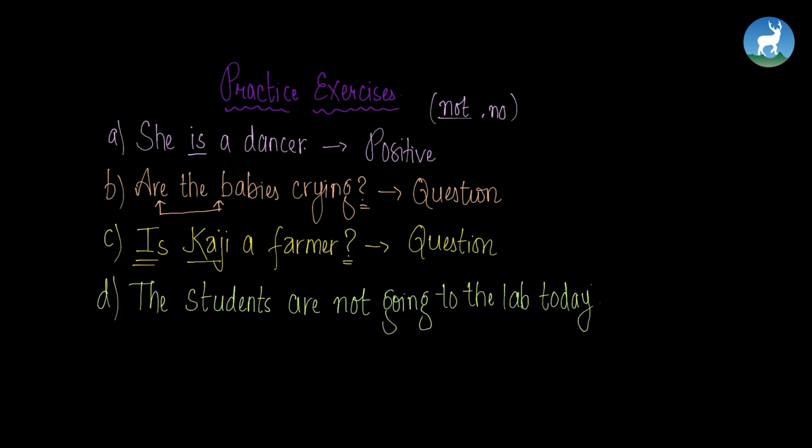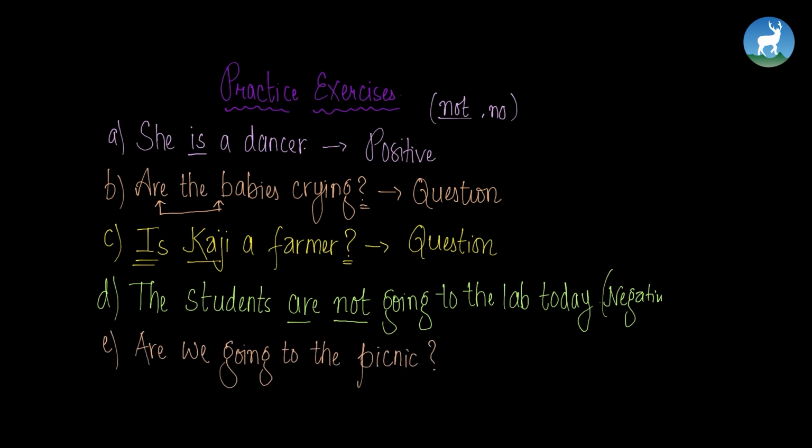So the students are not going to the lab today. Here we have a negative word not right after are. So this is a negative sentence for the present simple state of being. One more. Are we going to the picnic? What is the subject here? We have a subject pronoun.